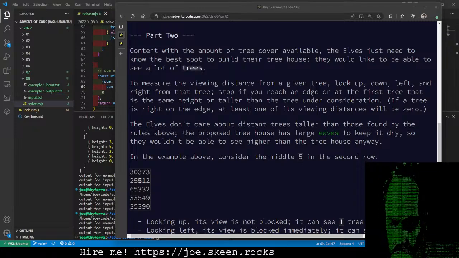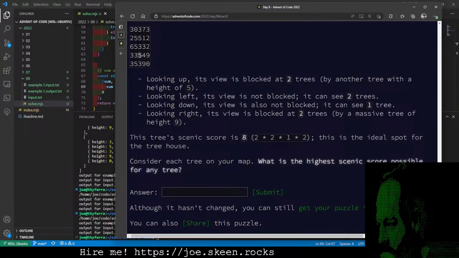Then we multiply that to its scenic score, with the initial value being 1 times any numbers multiplied to it.